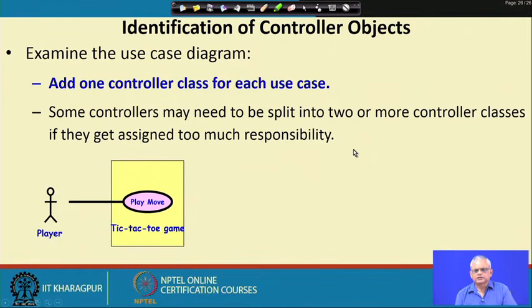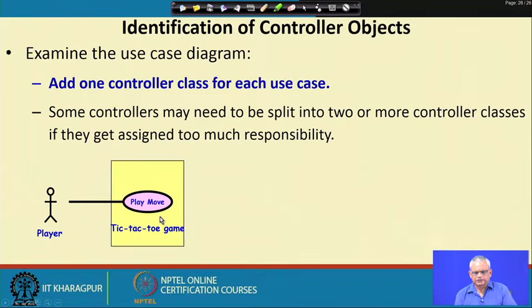The controller classes are also easily identified from the use case diagram. For every use case, we need a controller, and the controller has the business logic and is an overall control of realizing the behavior of the use case by coordinating the actions of several other classes.